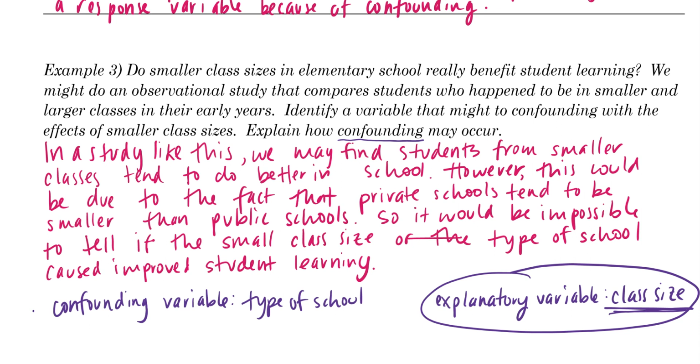What else could explain what happened in the experiment? Or what else could have explained what happened in the observational study? Okay? So be careful of that. Beware of that when you look at homework and tests and all of that. When they ask you to explain confounding, come up with another explanation for what happened that's not explained in the problem. Don't just back up whatever the problem is saying.